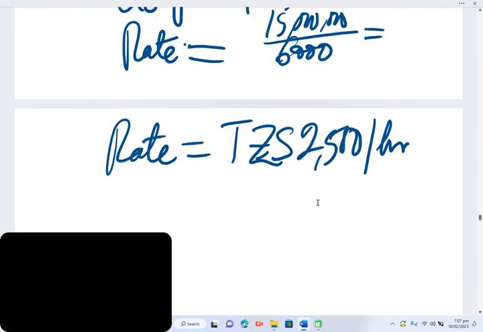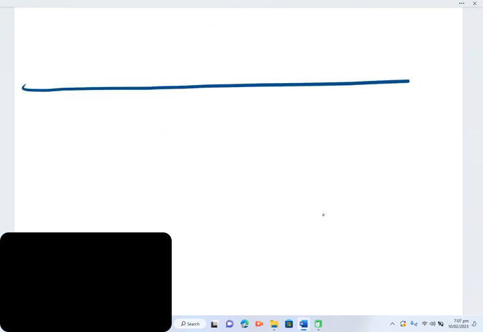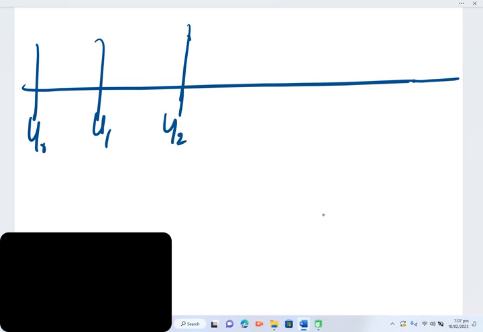Ukishajua inapatikanaje, hela sana ukashinda. Ukija hapa unachora mstari hapa. Utakuwa ya kwanza ya note. Then ya 1. Then ya 2, ya 3, ya 4, ya 5.